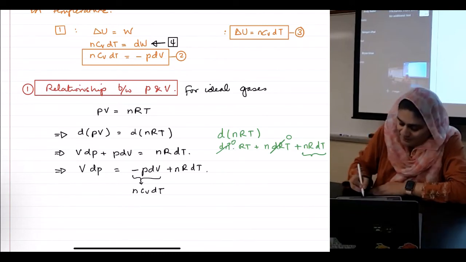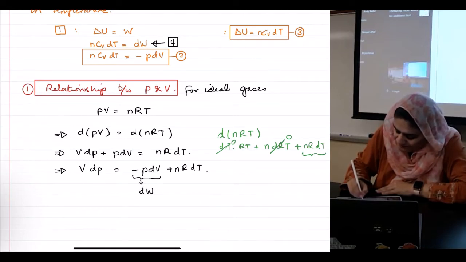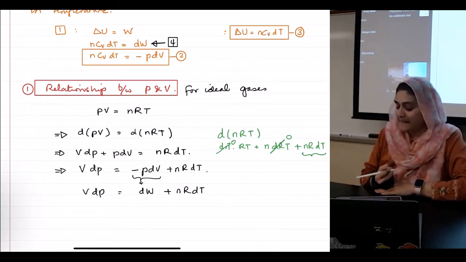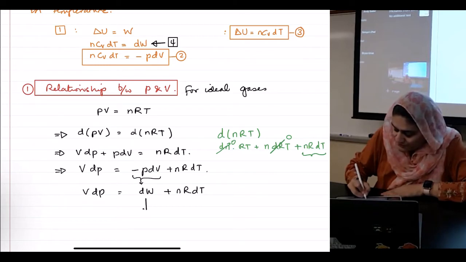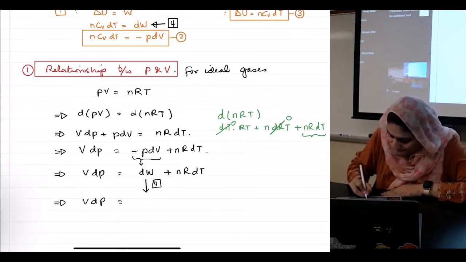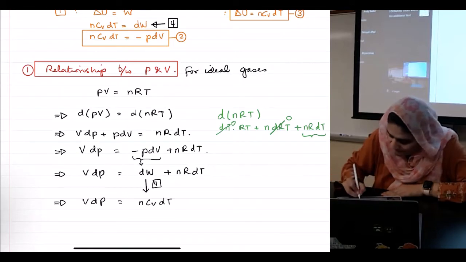Okay, I'm going to do another step in the middle. May I rewrite this as dW plus nRdT? Yes? Is this, from equation 4, equal to VdP equals nCV dT plus nRdT?